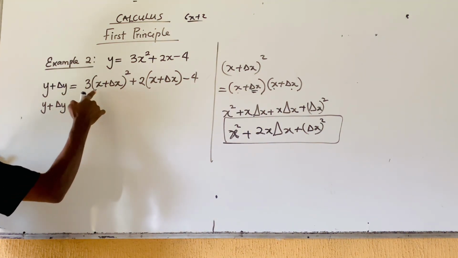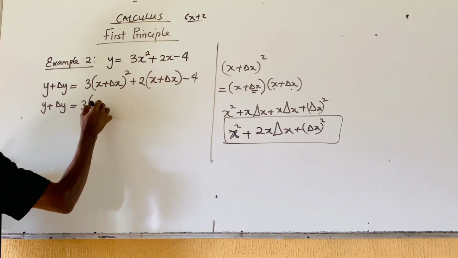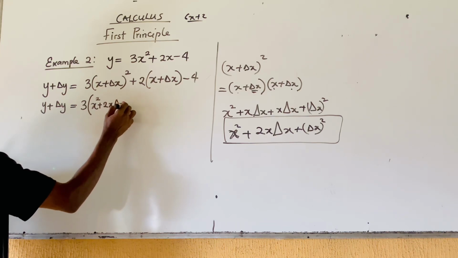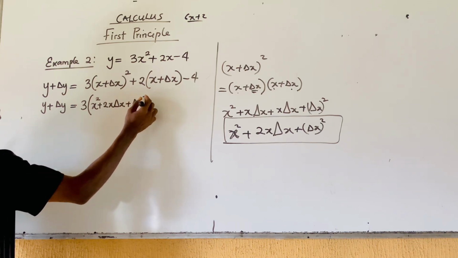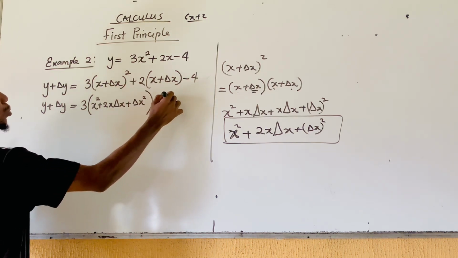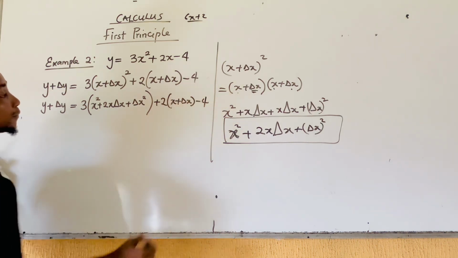So when we expanded s plus change in s all squared, it gave us x squared plus 2x change in x plus change in x all squared, plus 2x plus change in x, minus 4.